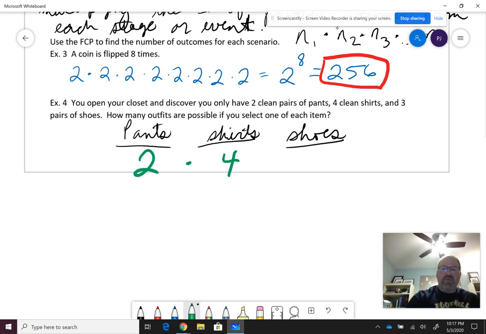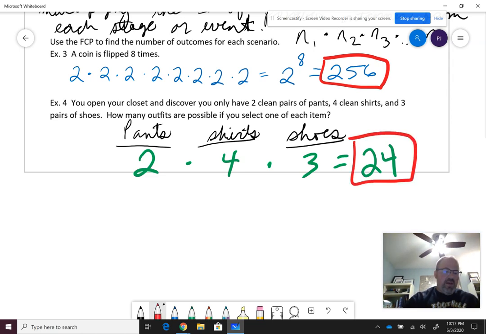There's 4 of them. Shoes, we got 3 of them. And if we multiply those all together, we get 24. 4 times 2 is 8, 8 times 3 is 24. So there are 24 different outfits that you could wear.